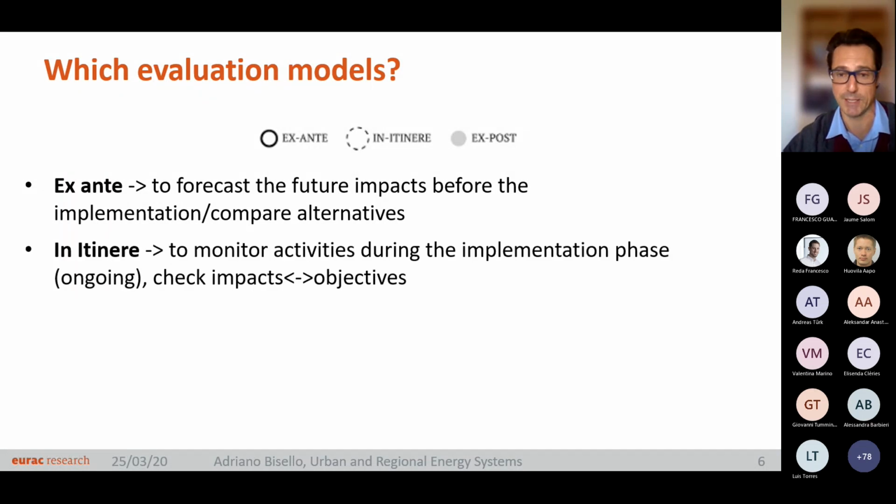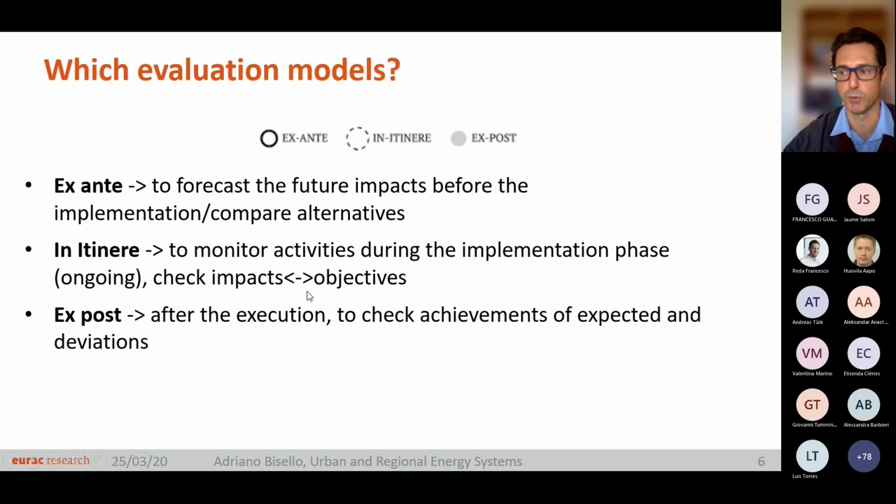The in itinere approach, to monitor the implementation phase and to check the compliance of impacts with objectives. And ex post evaluation, to check real and detailed achievements and also whether there have been deviations from the initial design of the project.